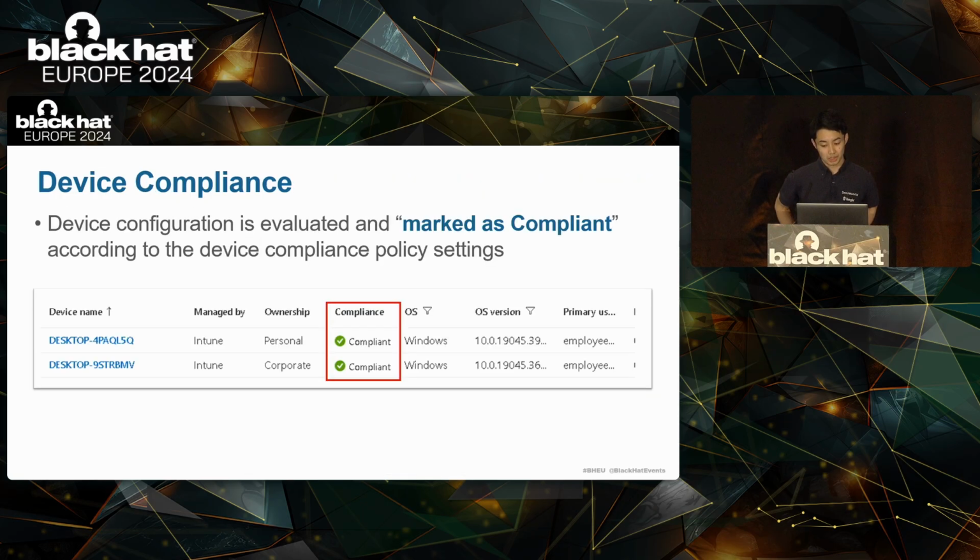So in Microsoft Intune, IT admins can define compliance policies such as disk encryption or password requirements and so on. Then Intune evaluates each device's information, and Intune will mark it compliant based on the compliance policy. So if the device is not marked as compliant, then the access from the device is blocked by the conditional access policy.